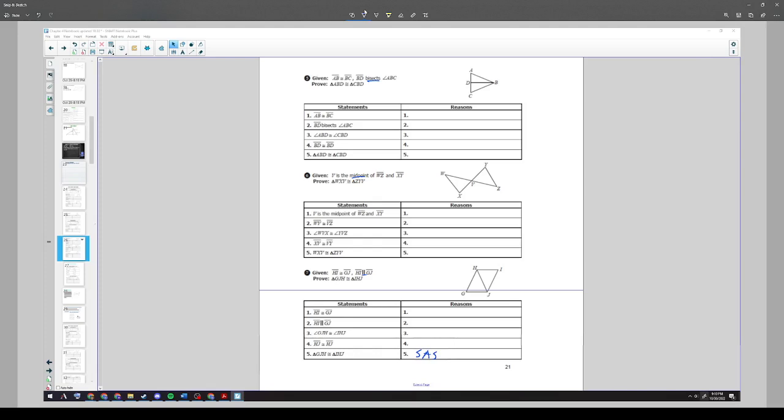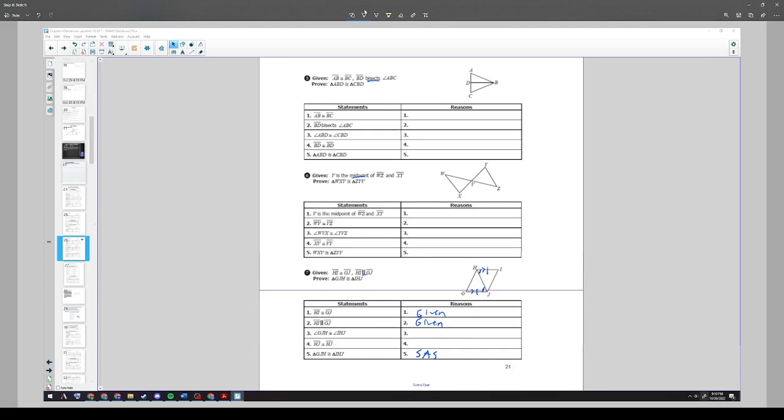So let's start off. HI and JG are given as congruent. I'm going to mark that on the drawing, HI, JG. HI is parallel to GJ. I'm going to mark that on the drawing as well with my little arrows. So this is given. Next we have angle GJH is congruent to angle IHJ. So we need a reason that makes that true. GJH is here, and IHJ is here.